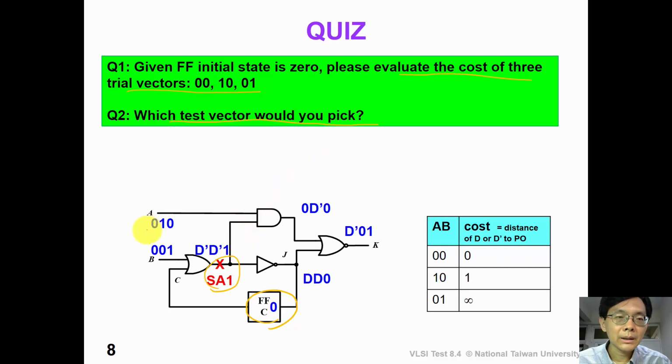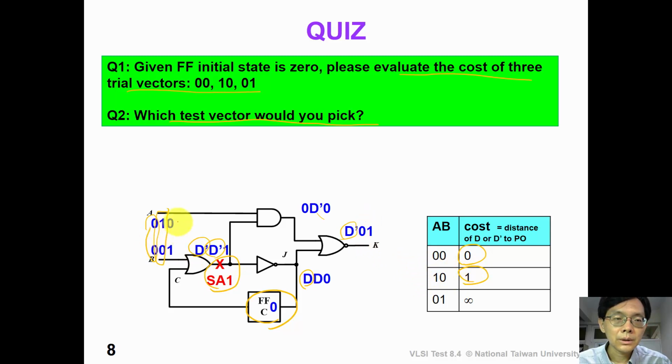Suppose we apply pattern 0, 0. The stuck at 1 fault would be activated and then propagated to the primary output. So the distance here is 0 for the first trial vector. For the second trial vector, the fault is activated, but it cannot reach primary output, so the distance is 1.